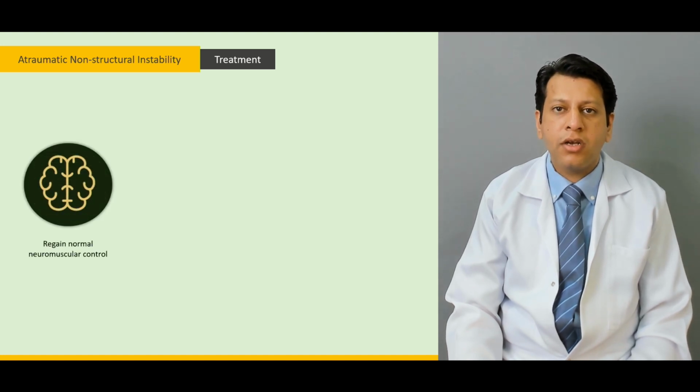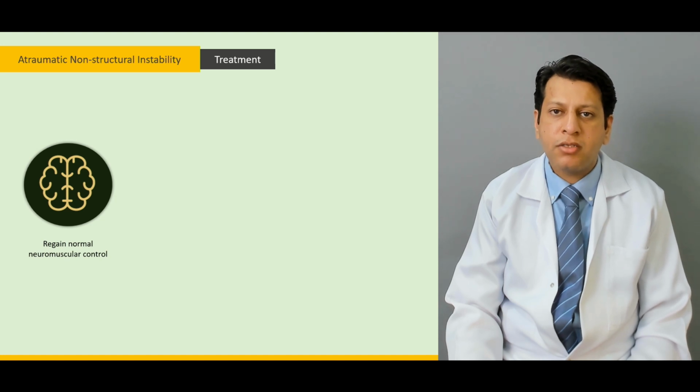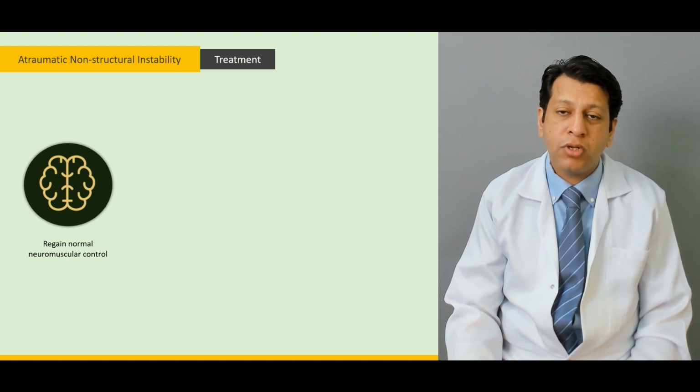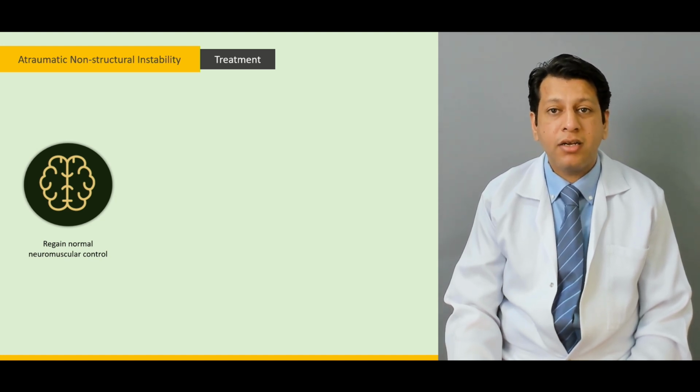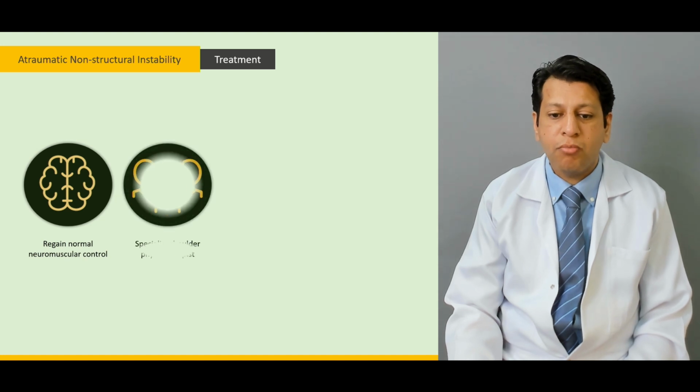The important point in these cases is to regain normal neuromuscular control. If the muscle patterning is abnormal, you need dedicated neuromuscular rehabilitation so that they regain normal neuromuscular control over the muscles.